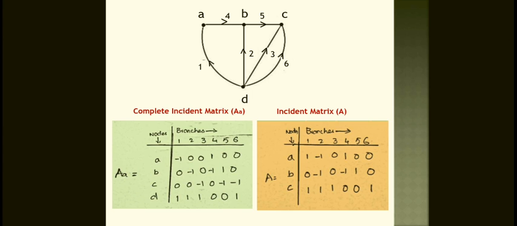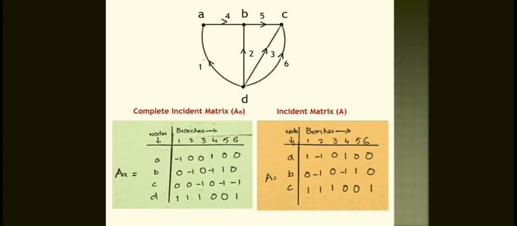For example, take A: one current is outgoing and another is incoming. Outgoing is 4, incoming is 1. So incoming is minus 1 and outgoing is plus 1, so minus 1, 0, 1, 0 in this row.